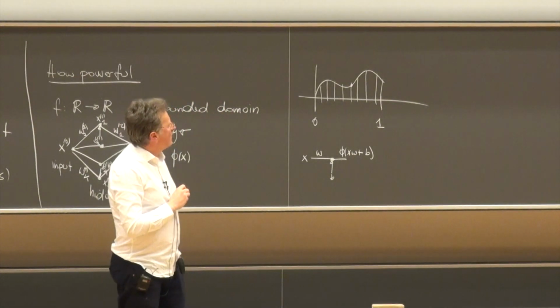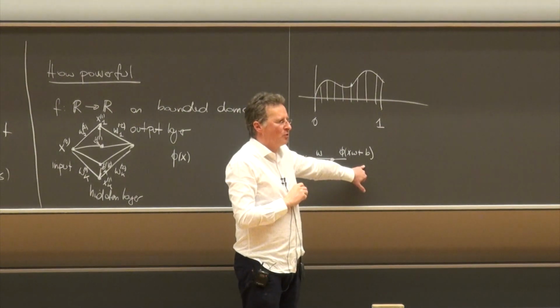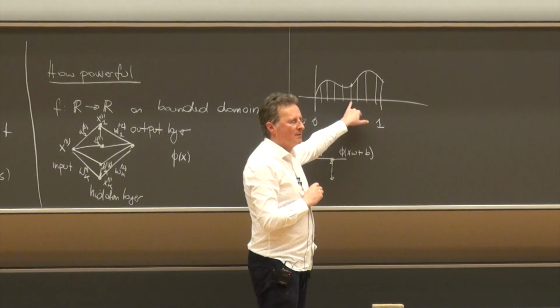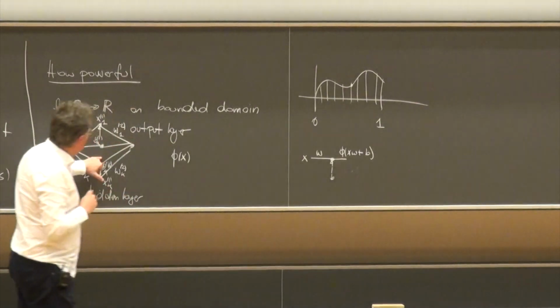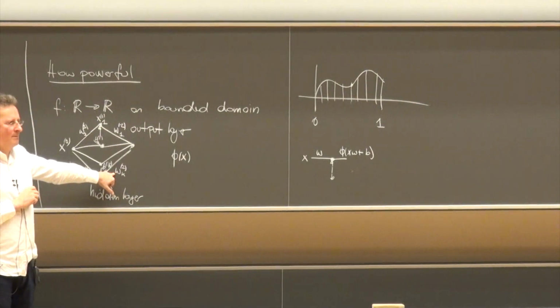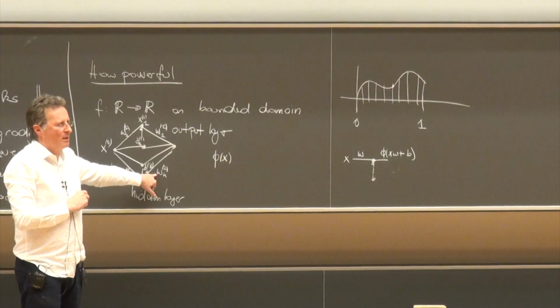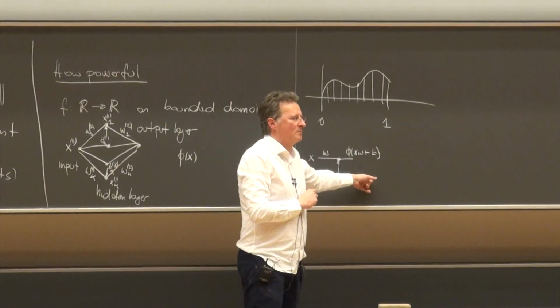So if you forget about everything else, what should the output look like? Let's assume this node is responsible for that output here. What should the function be, just based on this node? After you do this, you just take the sum, potentially the weighted sum of these things. So what would you like that to look like? One node.